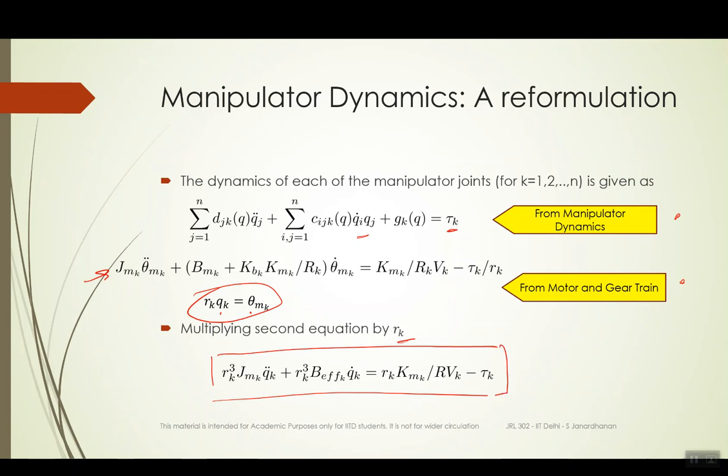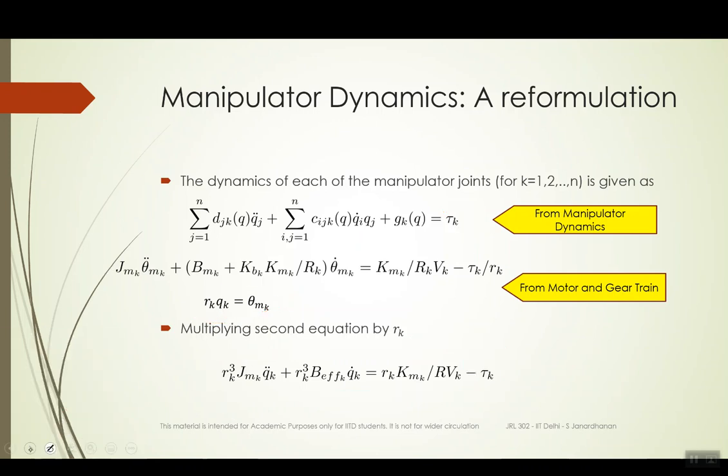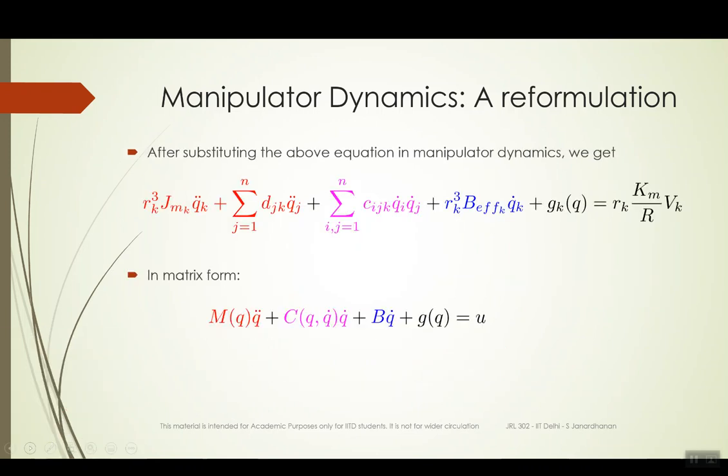Okay, and now since both of them have tau k on the right hand side, we can equate this term, write this term here and eliminate tau k in the middle, and so what we end up with is an equation that looks like this. Now this is an equation where all these terms are at each joint. So this is still in terms of each of those joint variables.